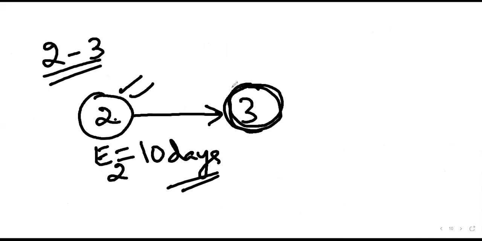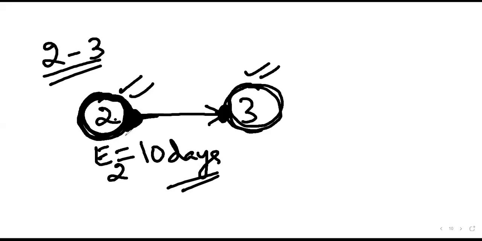Correct? Is there any doubts here? No, sir. So always remember that we have to consider the early start of this particular node, that is the second node. Since this is the starting point of the activity, and here the activity finishes.